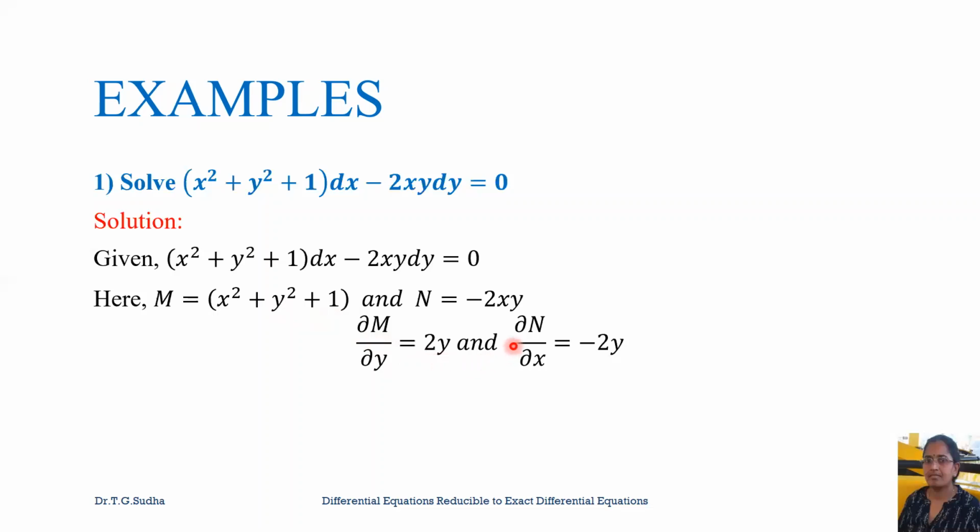And the partial derivative ∂N/∂x, that is when we partially differentiate N with respect to x, we get minus 2 into y because x gives us 1. Now ∂M/∂y is 2y and ∂N/∂x is minus 2y, and these two partial derivatives are not equal. Therefore, the given differential equation is not exact.